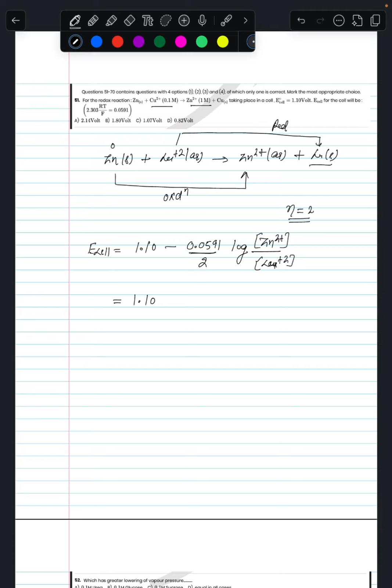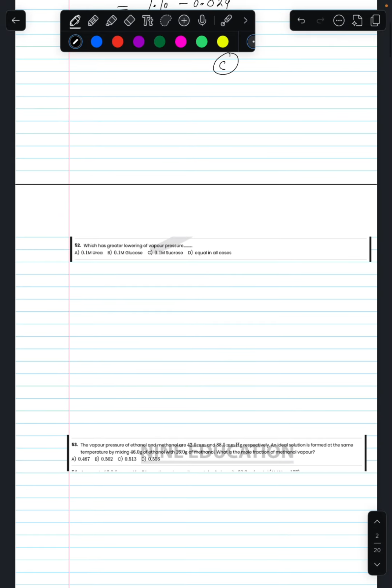So 1.10 minus 0.059 upon 2 log of 1 upon 0.1. So it will be log 10, log 10 will be 1. So 1.10 minus 0.029. So this value will be 1.07 volt. So correct answer of first question is C.